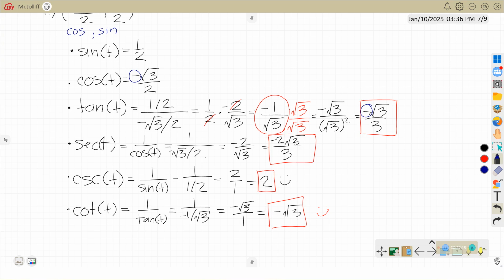Tangent ends up negative, secant ends up negative, cotangent ends up negative. Those 3 functions have cosines floating around inside their definition. This is sine over cos, there's a cosine in it. This is 1 over cos, there's a cosine in it. This is cos over sine, there's a cosine. The reciprocal of sine didn't pick up the negative, there's no cos in it.